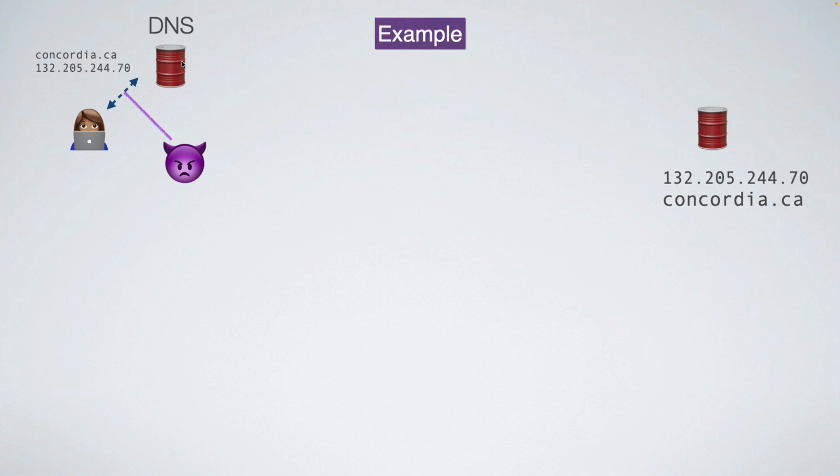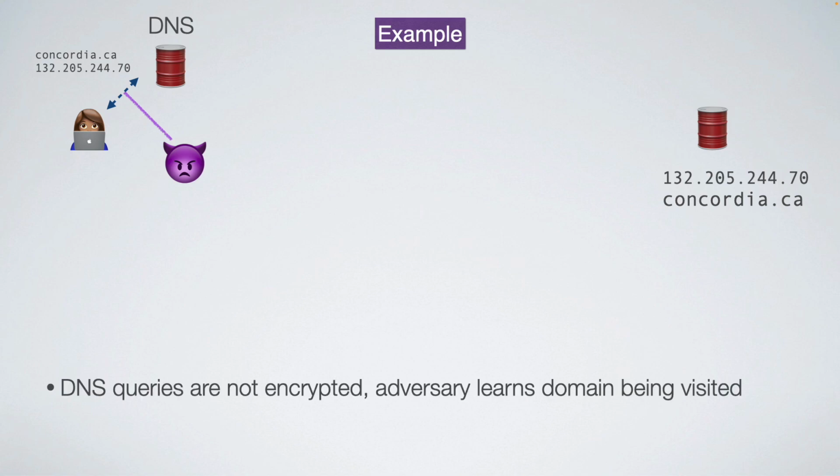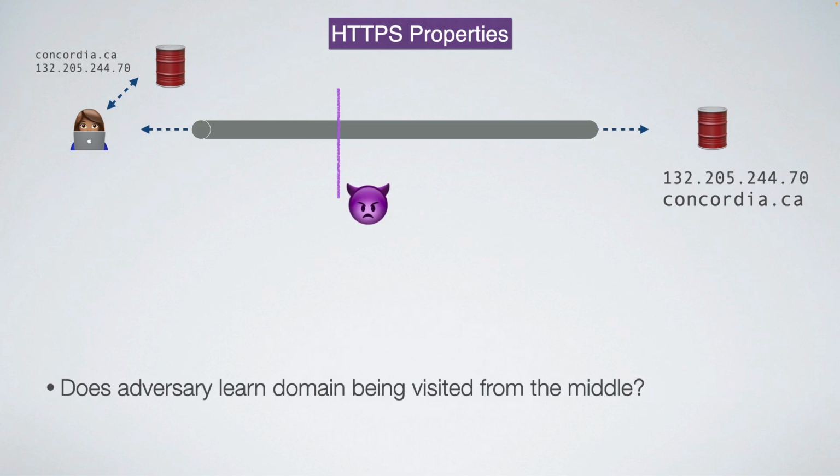But right after, you would go there and it would appear. Agreed. 100%. Yeah. So we can think about whether that's even useful or not. We'll get there. Yeah, next slide. But for now, DNS queries, generally speaking, are not going to be encrypted. So the adversaries could learn what domain you're visiting just by looking at your DNS.